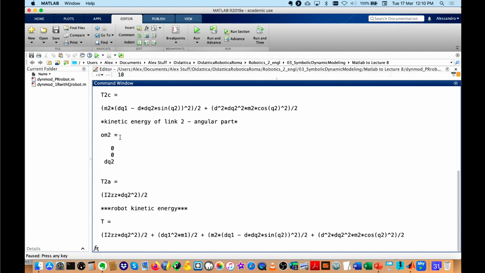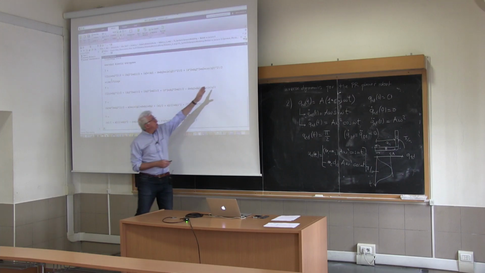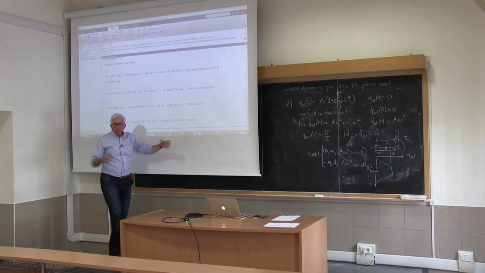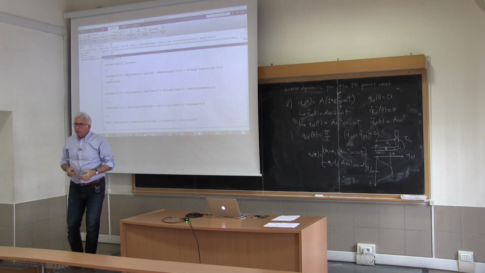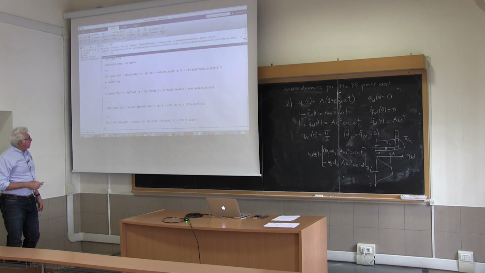Now, this long expression can be simplified. In fact, in the code, as I showed, we introduce a simplify and collect instruction. If you do this, you recognize that the expression is slightly reduced in length because the system is able to make some simplification and reconstruction, collecting terms.